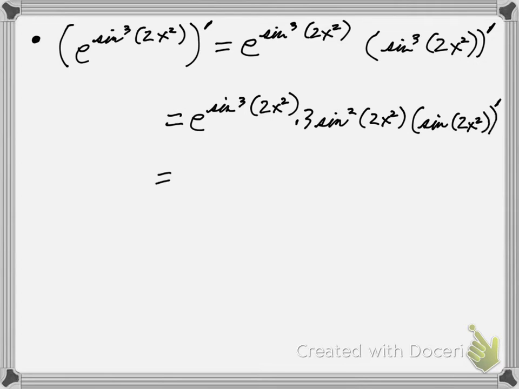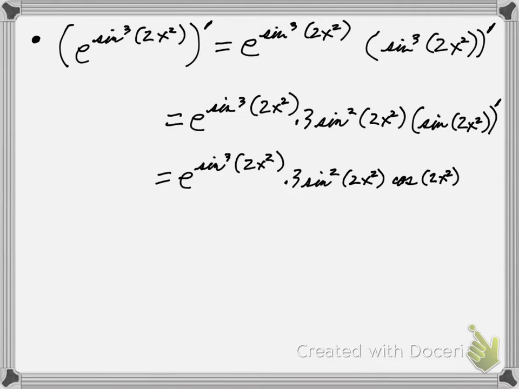Next, to find the derivative of sine of 2x squared, you again need to use chain rule. So we're going to let u be our 2x squared, and then we take the derivative of sine of u, which is of course cosine of u. And since we use chain rule, we have to multiply by the derivative of u. So 2x squared derivative.